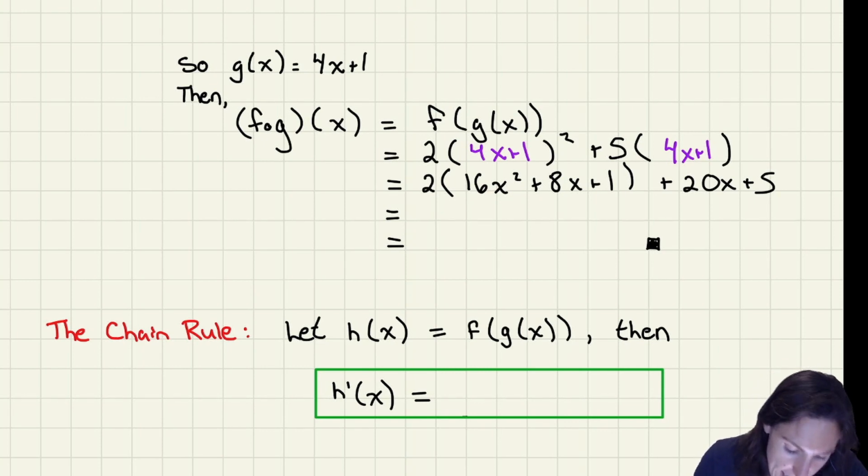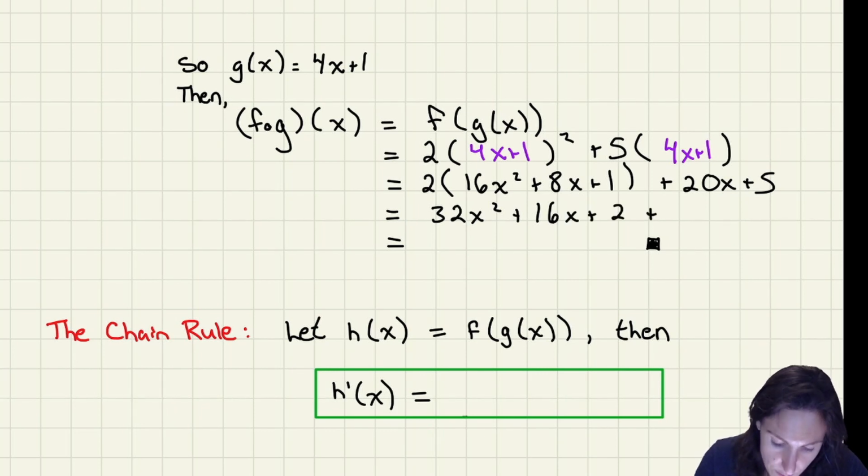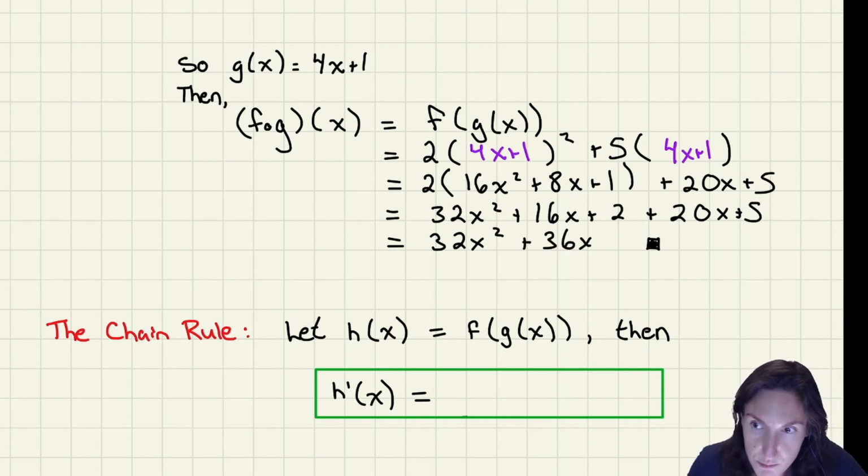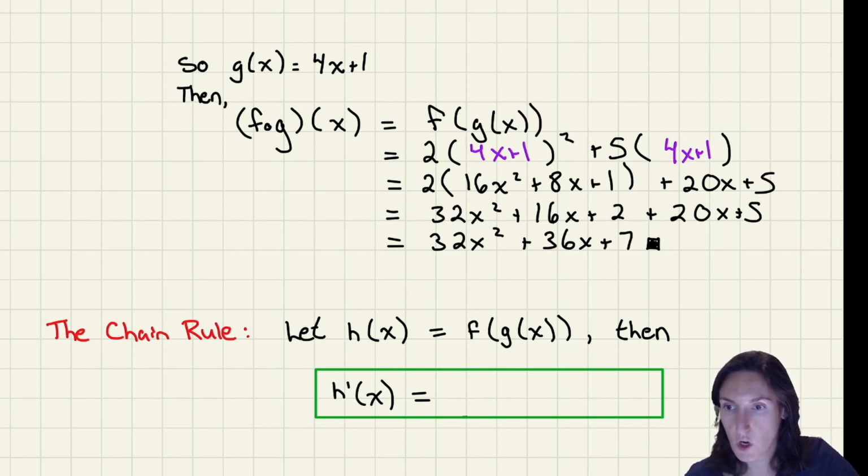So this is going to be 32x squared plus 16x plus 2. And then we still have this plus 20x plus 5. So we're going to get 32x squared plus 16 plus 20, so that's plus 36x. And then plus 2 plus 5, that's just plus 7. Okay, so hopefully that gives you a little bit better idea of what a composite function is.